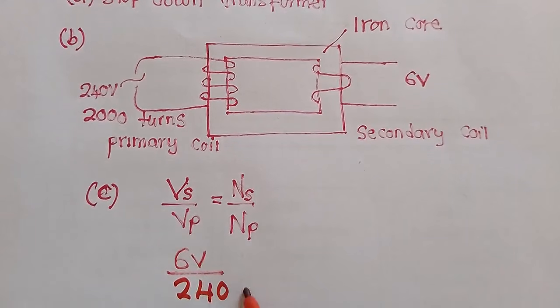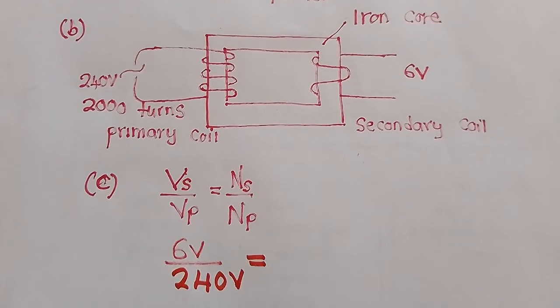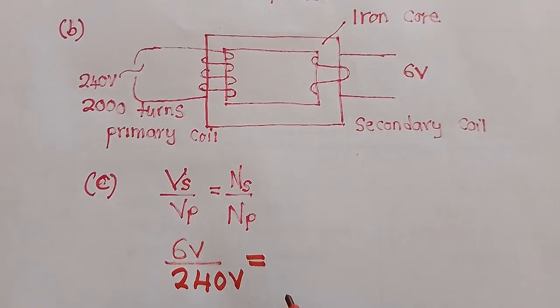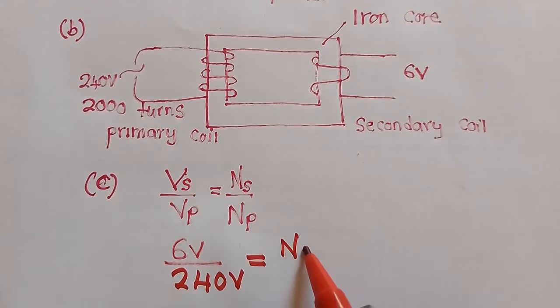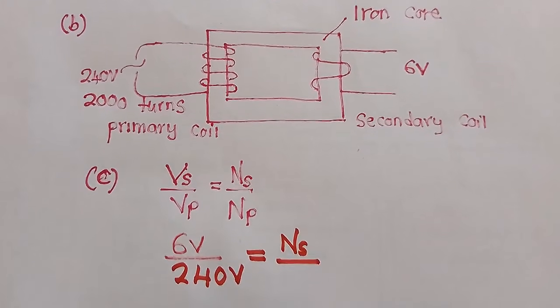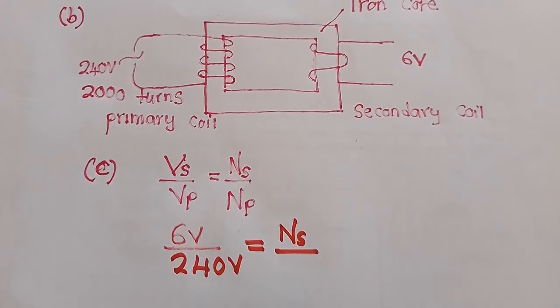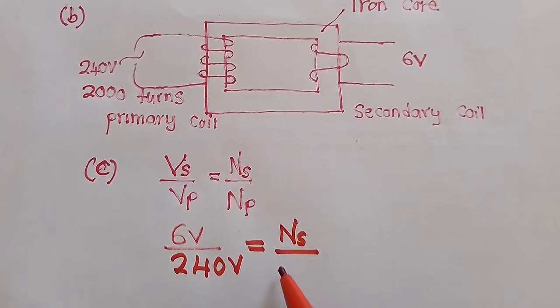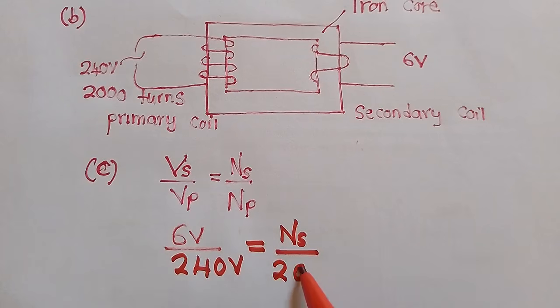So I say 240 volts, which is equal to the number of turns in the secondary, which is what I want to calculate, so I leave it like that, over the number of turns in primary, which is 2000.